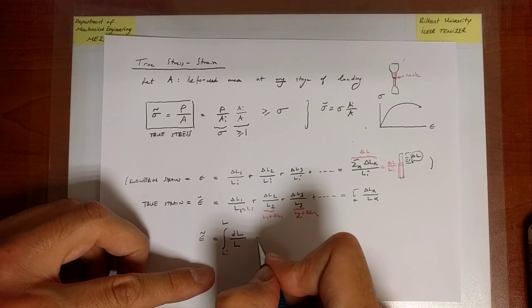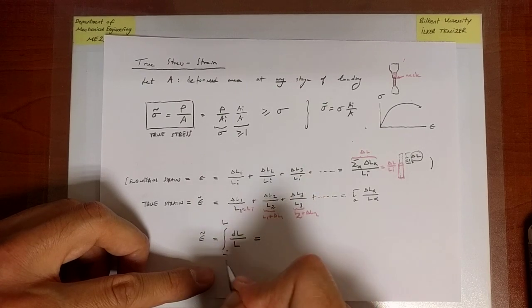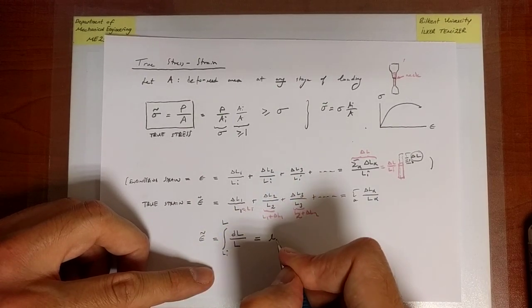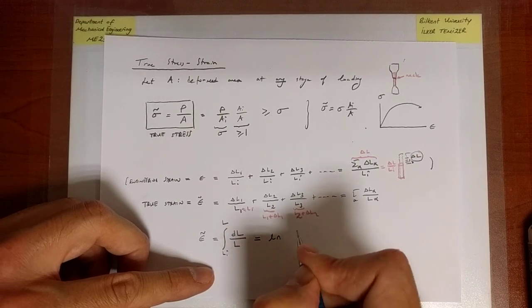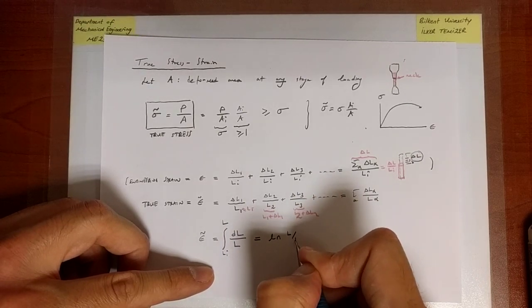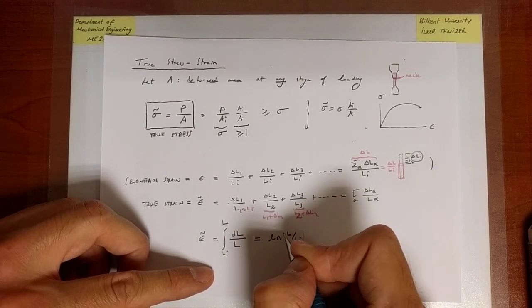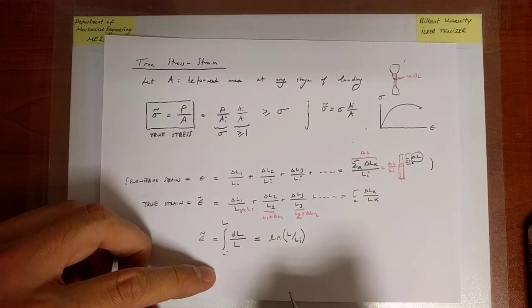Okay, and therefore I can now calculate the simple integral, which is the natural logarithm of L over Li, in other words, the final length over the initial length of the specimen.